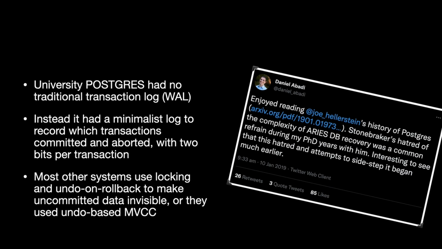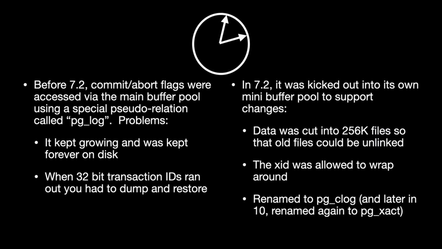So they don't have a thing that is similar to what they called the transaction log, and the code that lives under transam in the Postgres source tree, transaction access method. So back before Postgres 7.2 came along, that data that lived in the transaction log was actually in the main buffer pool because it existed in a special kind of pseudo relation, like a table, called PGLog.